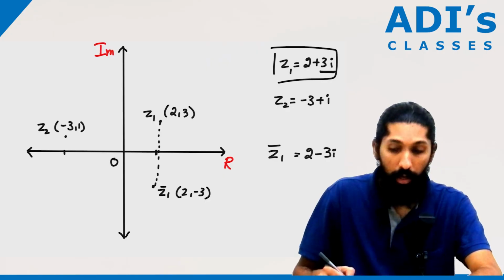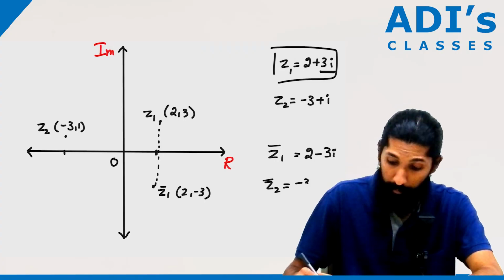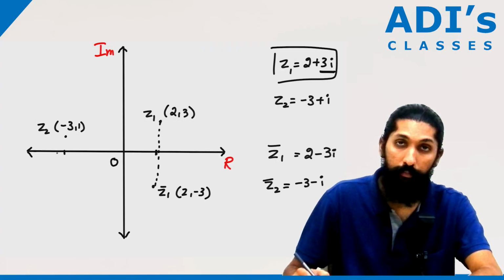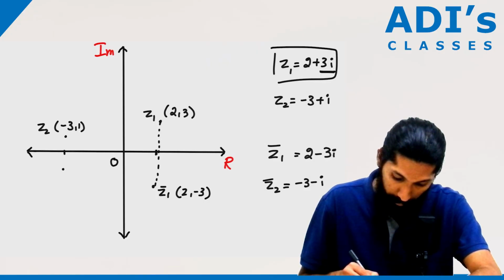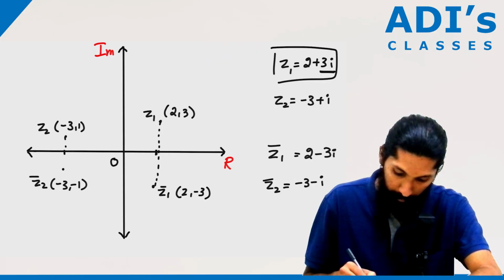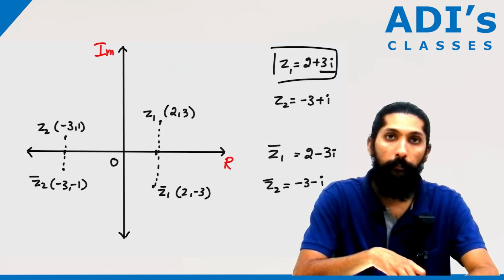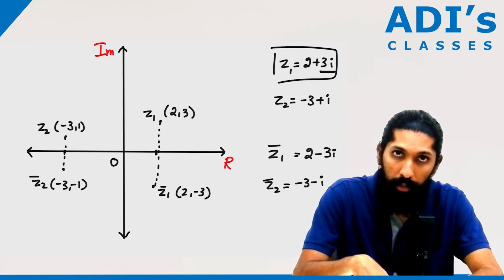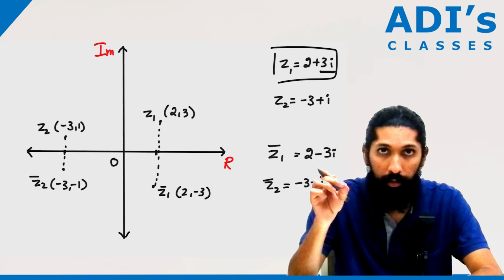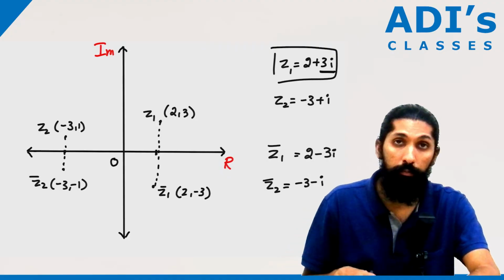Now same thing, suppose you do z2 bar. z2 bar will be what? Minus 3 minus i. So minus 3 along the negative x-axis and minus i is going to be here. This is z2 bar, minus 3, minus 1. Now what I want you to understand is that the conjugate of a complex number is nothing but the image of that particular point along the x-axis. See this, z1 and z1 bar.